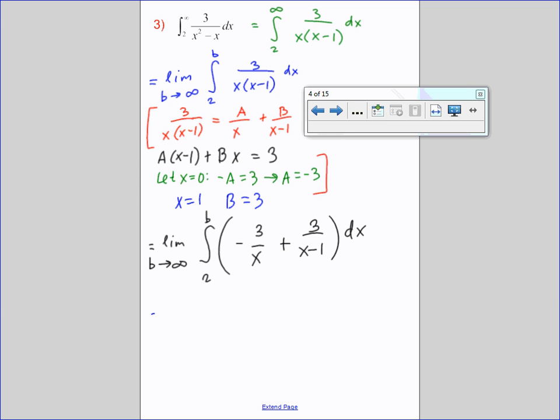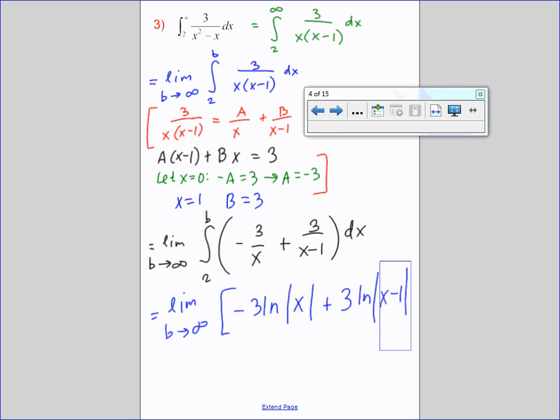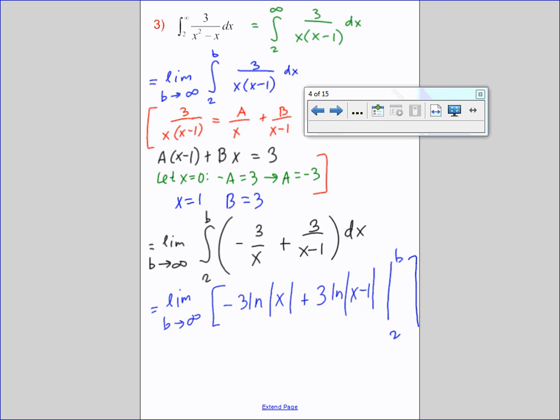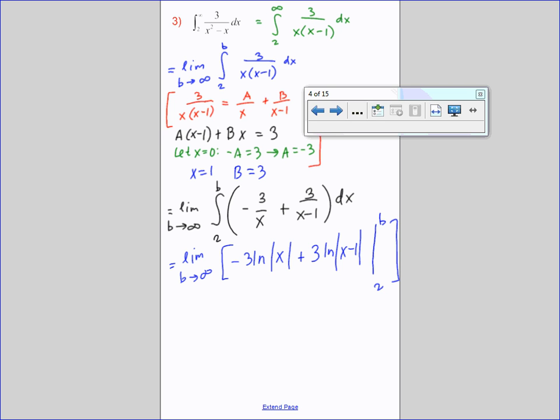Antiderivative function. I'll keep my limit expression as b goes to infinity, and we'll rewrite this as negative 3 ln of absolute value of x plus 3 ln of absolute value of x minus 1, close bars, and evaluate it from 2 to b. Oh gosh. So let's see what happens when I put b into my expression all the way through.